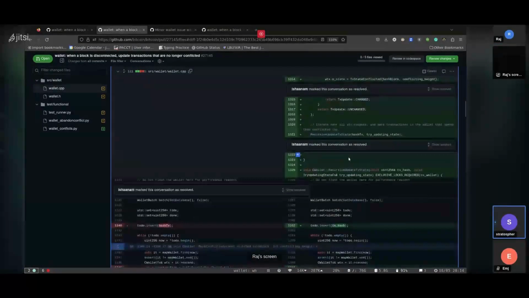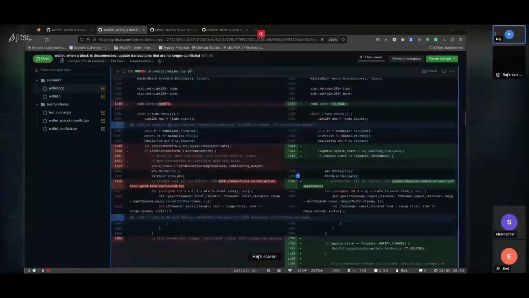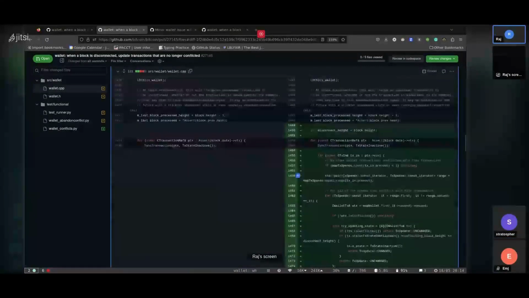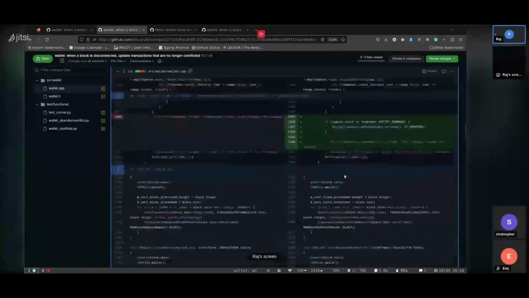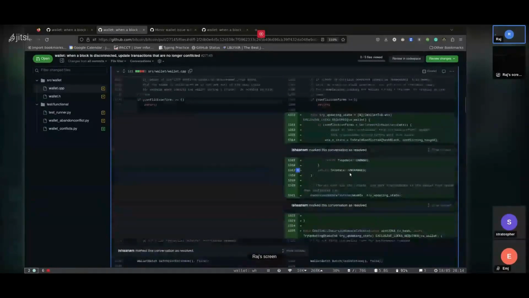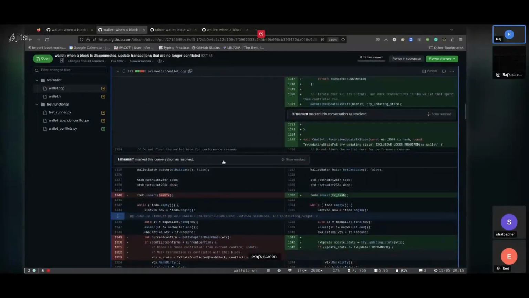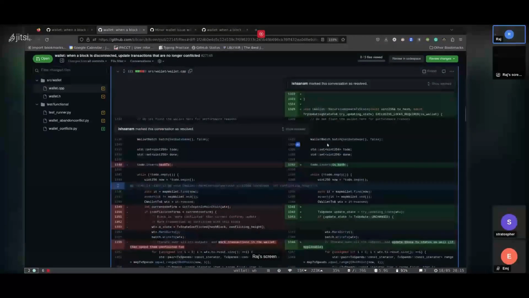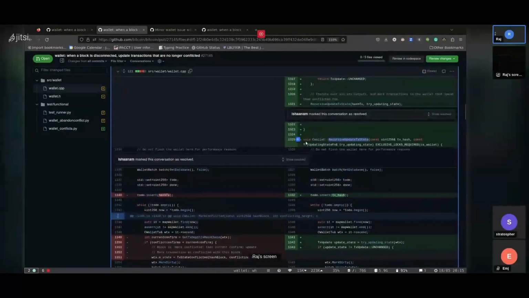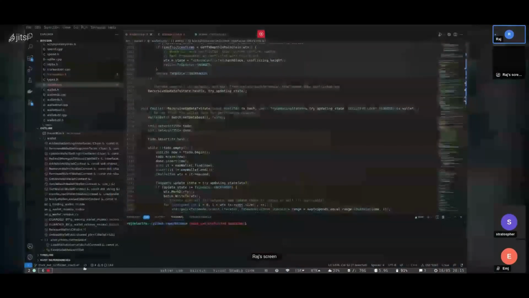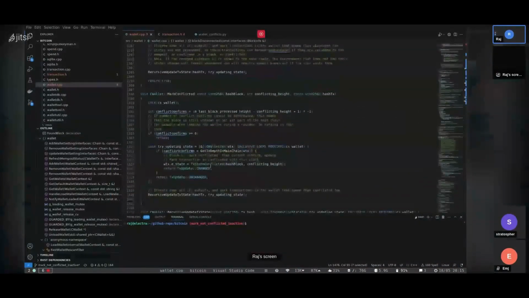They put it into another function called recursive state update. It recursively updates transaction state. It's kind of interesting what they did here.